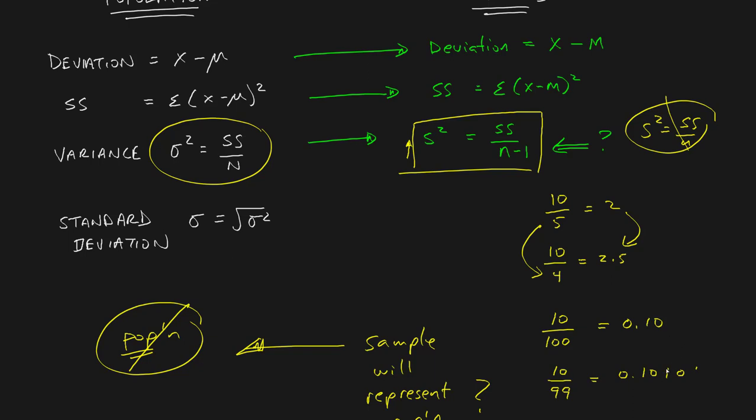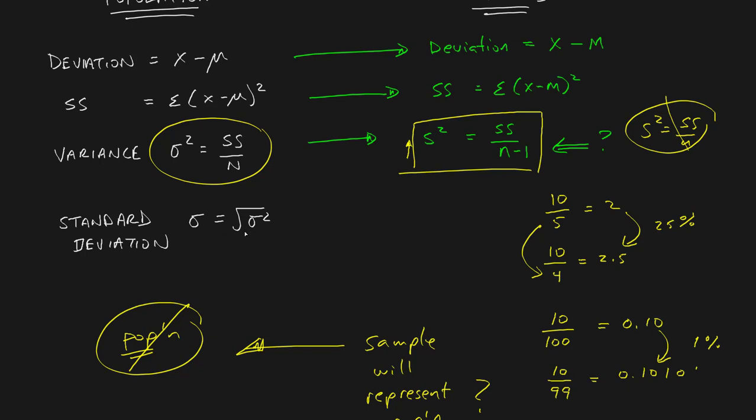This is a very small increase. This is only a 1% increase going from here to here. Here it was a 25% increase. So it's kind of a cool little correction that makes a big correction for small unrepresentative samples, and it makes a small correction for large samples, where the correction is not really needed very much.